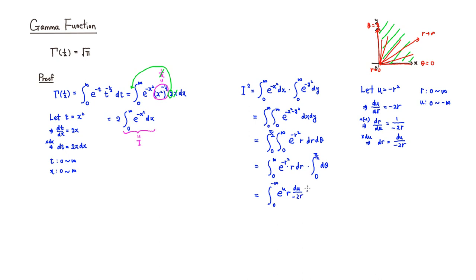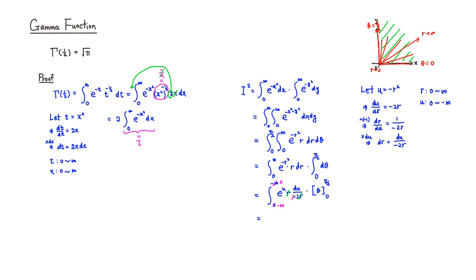This other one is easy: the antiderivative of 1 with respect to theta is theta, going from 0 to pi over 2. We can cancel r on top and r on the bottom, and then I'm going to use this negative sign to switch the upper limit and the lower limit. We can do that, right?